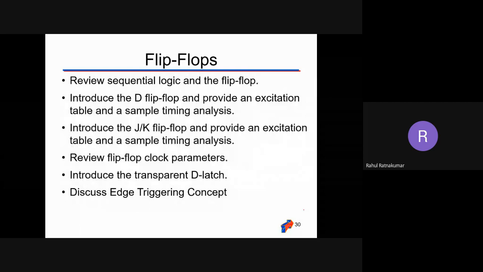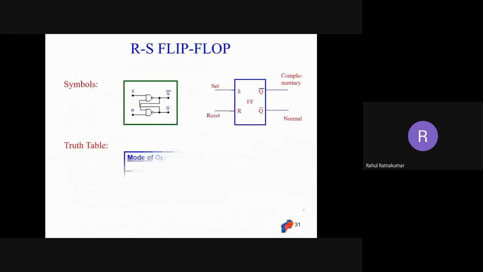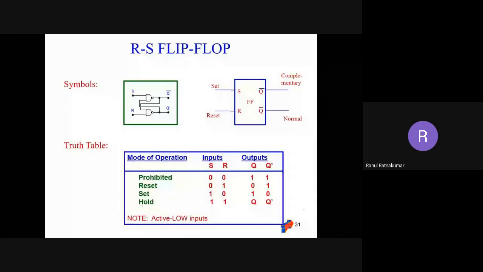Different kinds of flip-flops: D flip-flop, D latch, SR, JK. Okay, this is an example of an RS flip-flop. There are two complementary outputs, Q and Q bar.